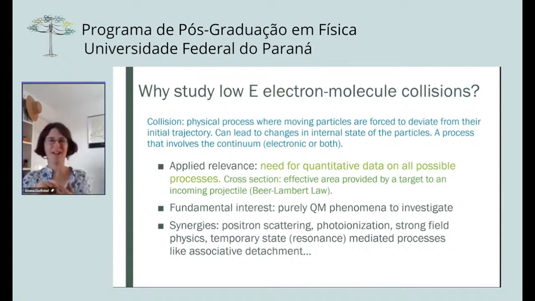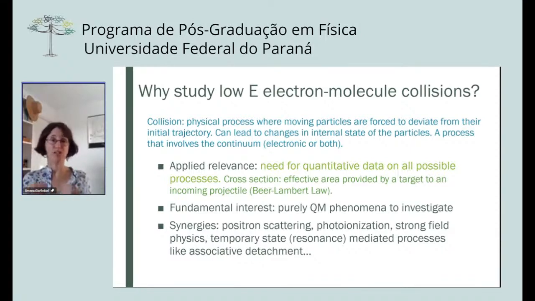Many of you would have studied in your undergraduate studies what a cross-section is, and you would have looked at the Beer-Lambert law, and the cross-section can be seen as an effective area that is provided by the target to an incoming projectile for a specific process. So we quantify the likelihood of a process taking place with the cross-sections.